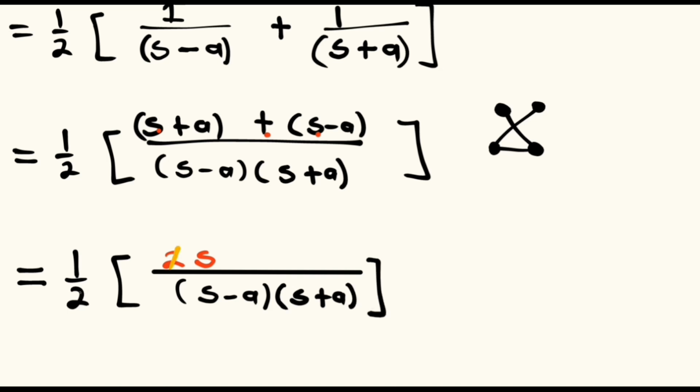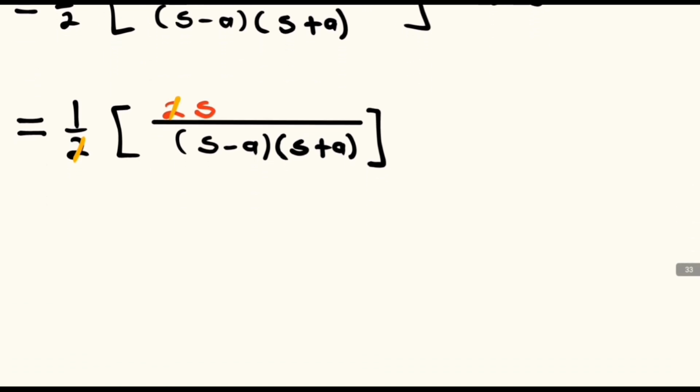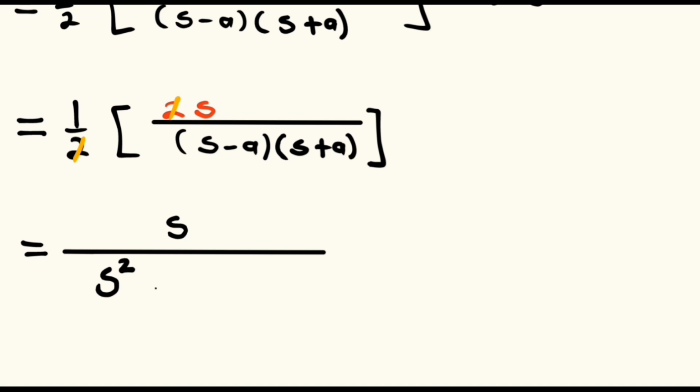And from here that 2 and that 2 will cancel out, and it is worth realizing that in the denominator we have a difference of two squares, so this will be equal to s divided by s squared minus a squared, since we have a difference of two squares.